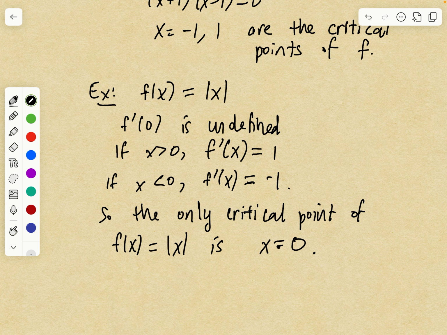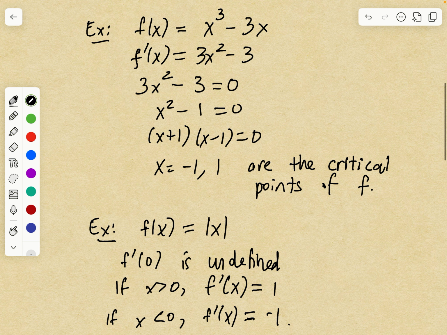And the significance of critical points is that this is where the local maxima and minima can occur. So if you have this function x cubed minus 3x, what's the graph of f of x going to look like?